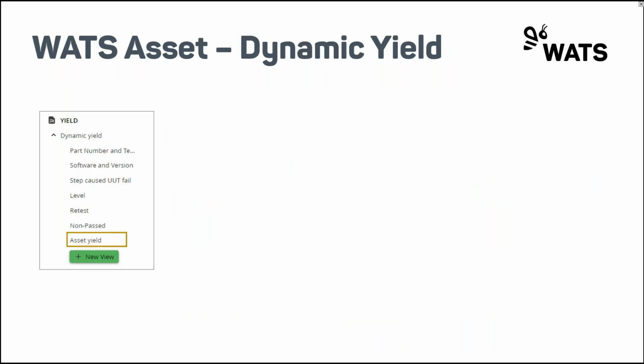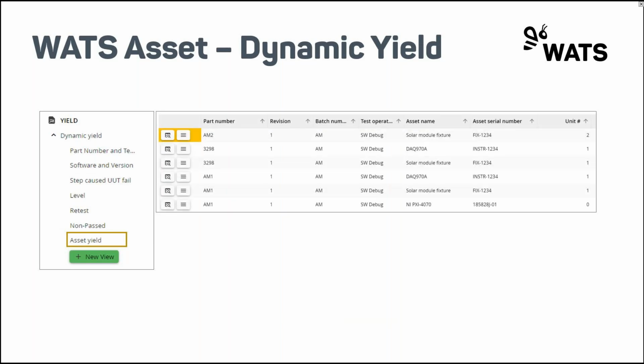In addition to getting this information in the test report, we can do yield analysis based on the assets as well. So in the dynamic yield report, you can add asset name and asset serial number to the grid. In my case, I have part number leading the yield analysis, but I could change that up.